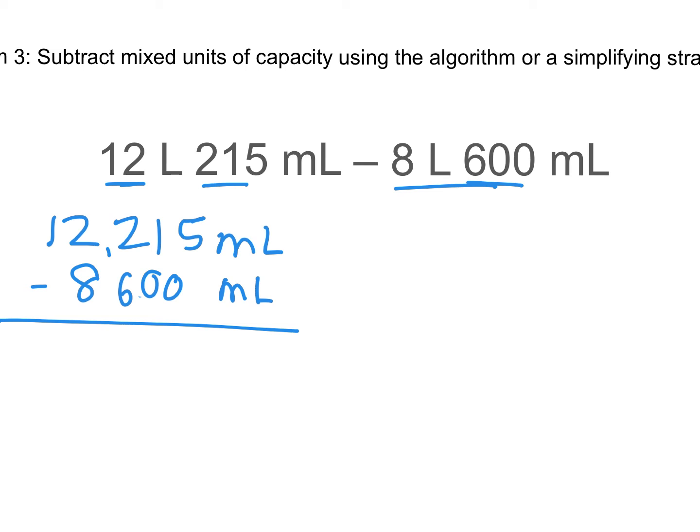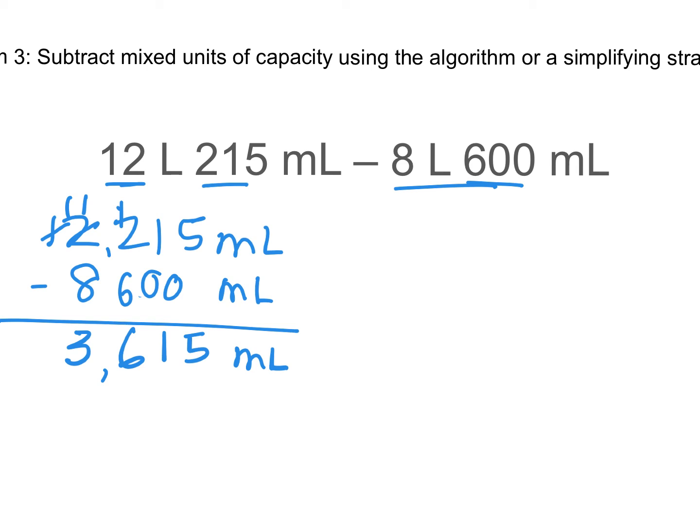All right, I can do 5 minus 0. I can do 1 minus 0. I cannot do 2 minus 6, so I can see I need to regroup. And I can say 12 minus 6 is 6, but I can't say 1 minus 8 either. So I'm going to say 11 minus 8 is 3. 3,615 milliliters.